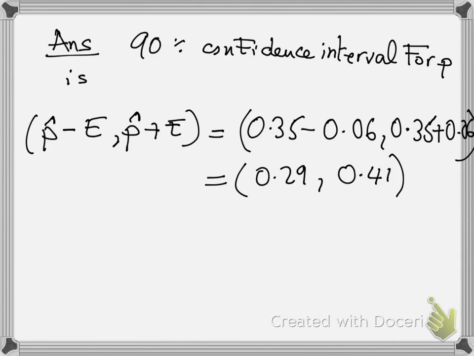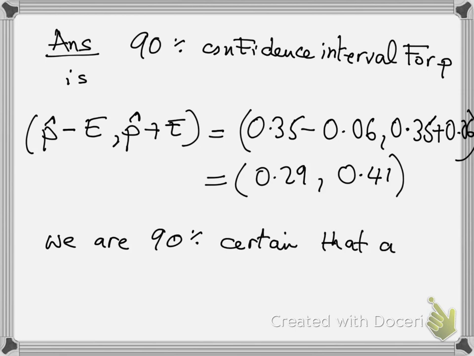So what is the interpretation of this answer? It's a 90% confidence interval for P. It means that we are 90% certain that the proportion of books sold by the store that are murder mysteries lies in this interval.